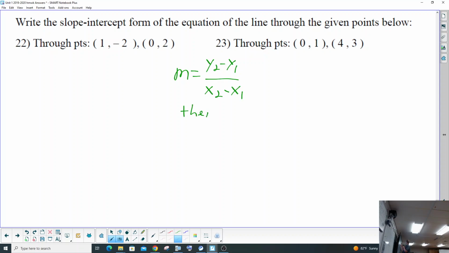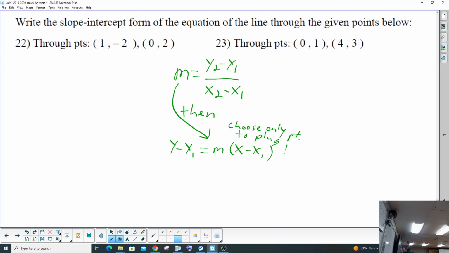Then, after you find the slope, you'll plug the slope into y minus y1 equals the slope times x minus x1. And you'll just have to choose only one point to plug in to this last equation. Well, this is kind of tough. You got this.